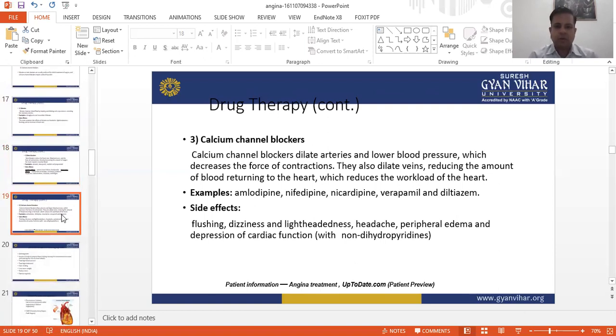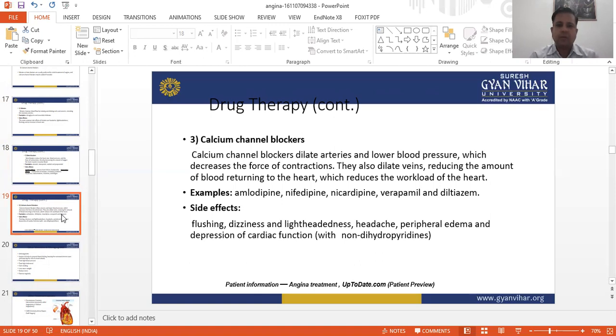Calcium channel blockers. Calcium channel blockers dilate arteries and lower blood pressure, which decreases the force of contraction. They also dilate veins, reducing the amount of blood returning to the heart, which reduces the workload of the heart.